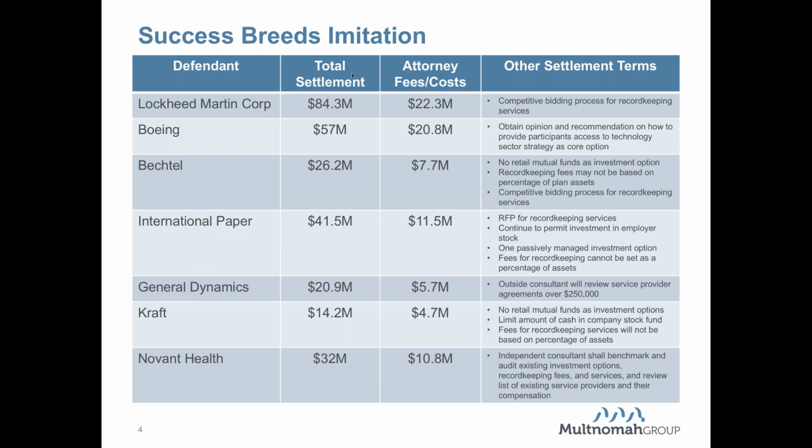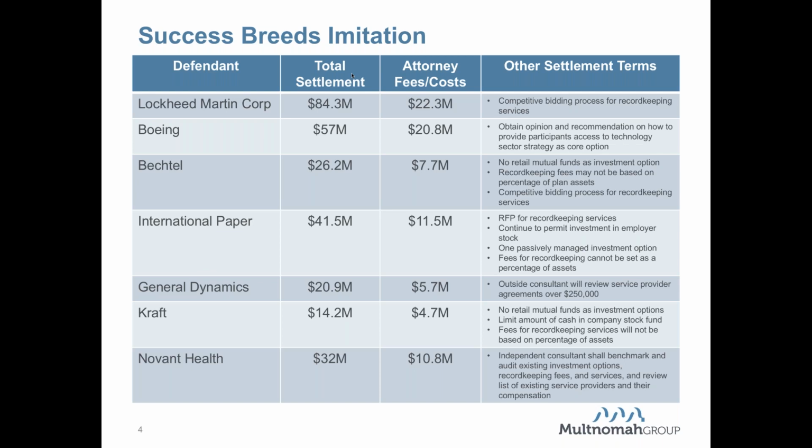I think what's most notable is if you look at the attorney fees and cost pieces, how attractive this has been for those that have been in the process of identifying and representing class action litigants in employee retirement income security cases.